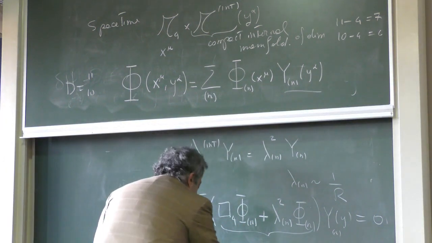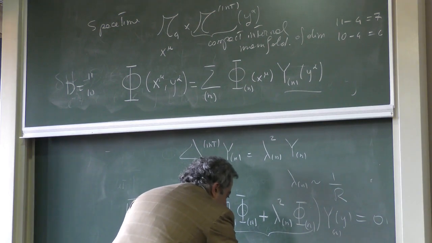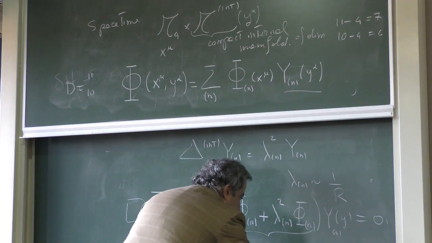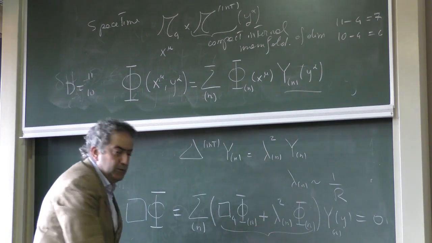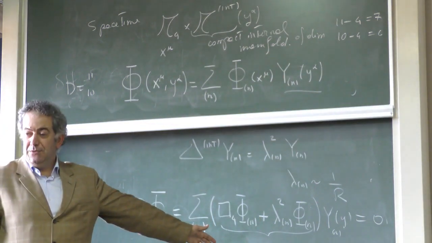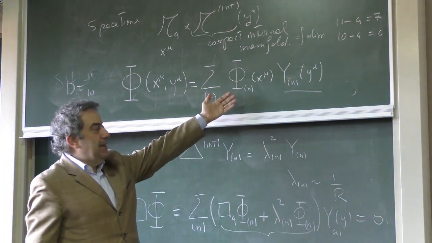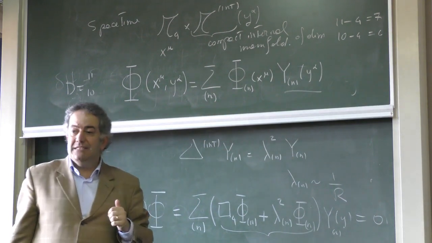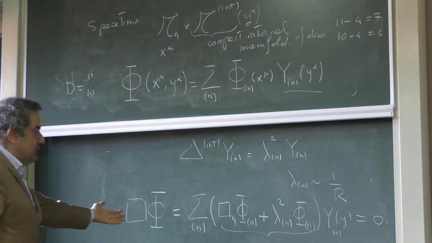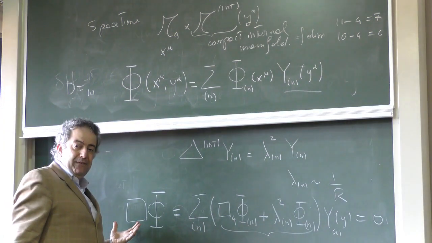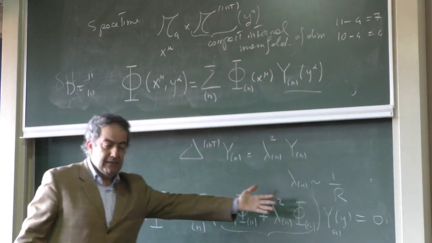That is, these phi n are massive modes. So the coefficients of these expansions describe massive fields in 4 dimensions, although you start from a massless one, satisfying the Klein-Gordon equation for the massless field.